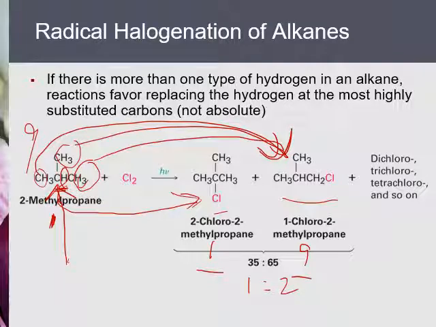So imagine this tertiary carbon has the same number of hydrogens as the primary. Then you would expect the ratio to be much higher, maybe 9 to 1, right? If the tertiary carbon hydrogen is the same number as the primary.